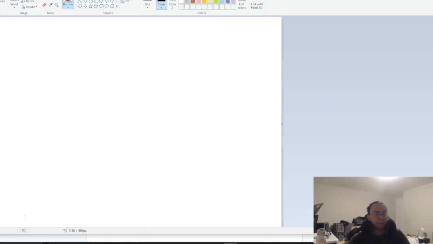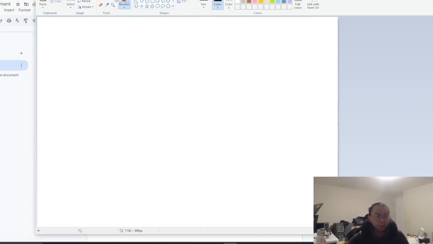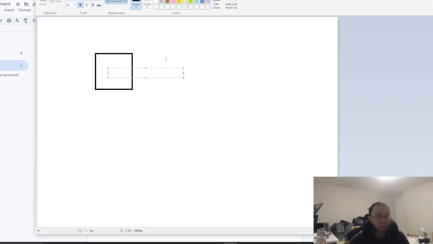I'm going to pull up Paint so I can discuss it. So we'll start with the base case, which is a single coin. Now we're going to designate either heads or tails as face up, and we will be replacing heads and tails with ones and zeros. So let's say heads is 1 and tails is 0.